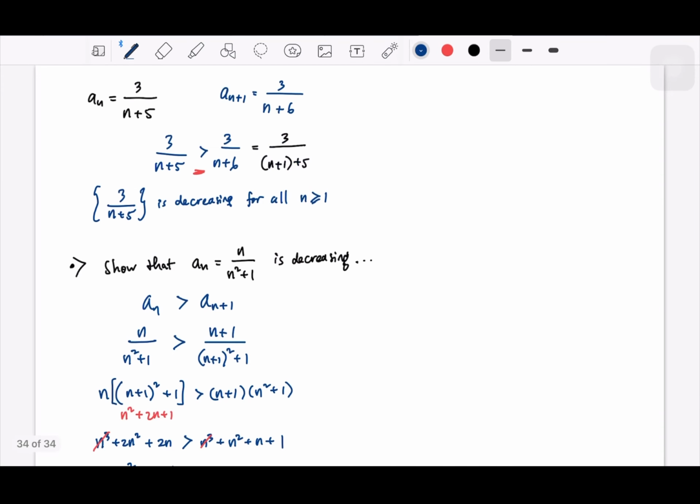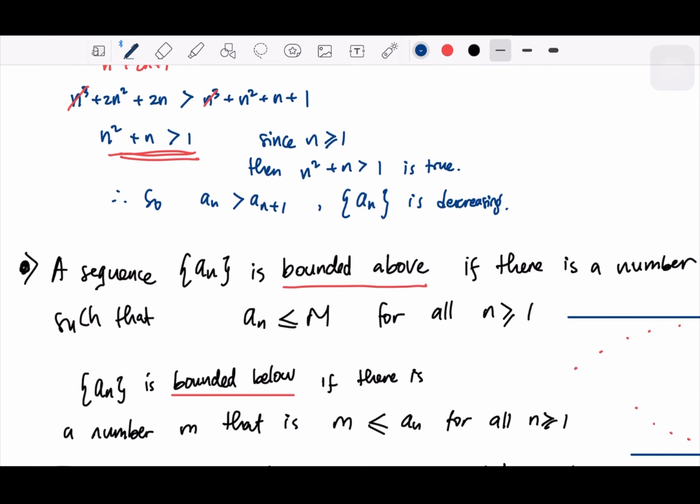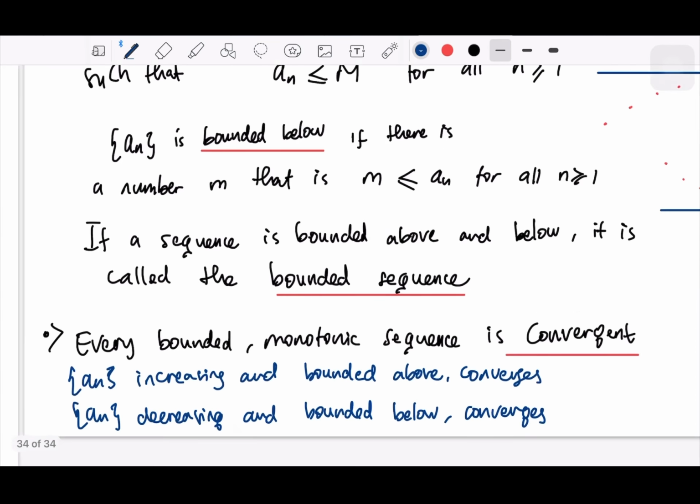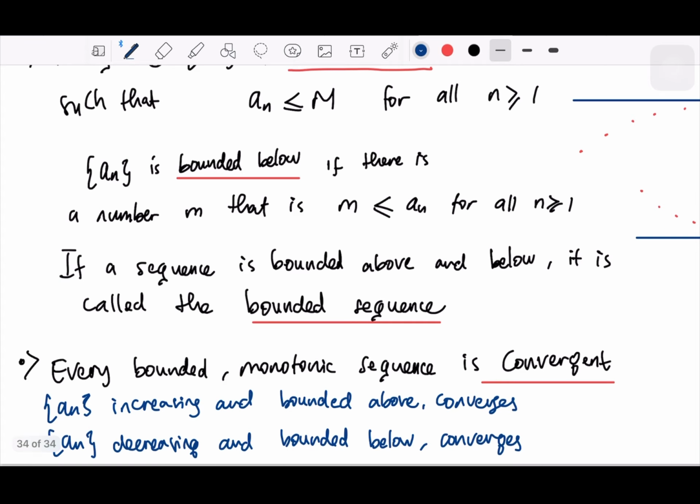And then if you know that the function or the sequence is bounded to some value, either above or below, when it is increasing or decreasing, you can immediately conclude that it will converge. So whenever you find a sequence that you can prove is decreasing and bounded below, you can conclude that it will converge. The same way, if you have a sequence that is increasing and bounded above, you will know that it is a convergent sequence.